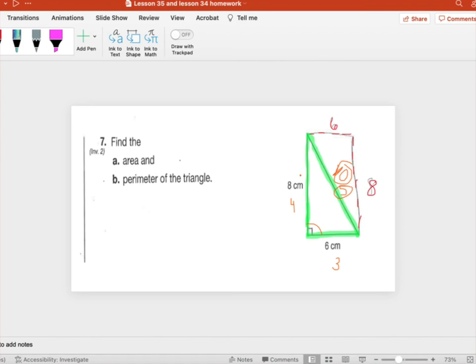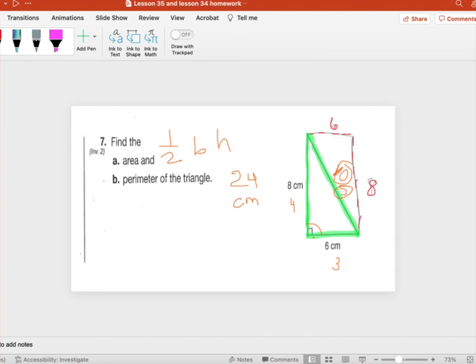All right, so now since I've done that, the perimeter is 10 plus 8 plus 6. 14 plus 10 is 24. 24 centimeters is the perimeter. The area is going to be, because it's a triangle, 1/2 base times height.